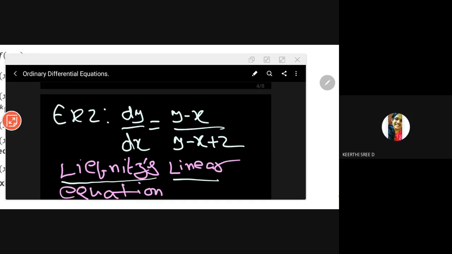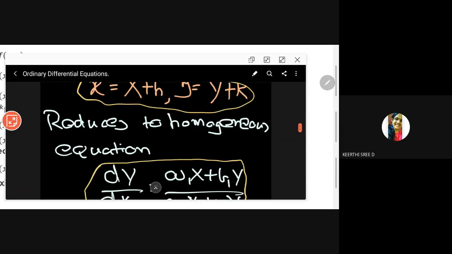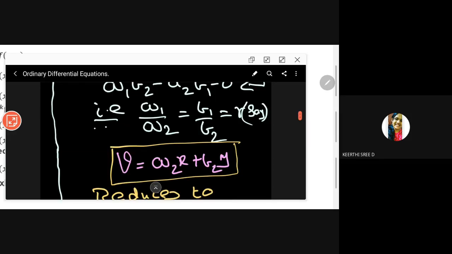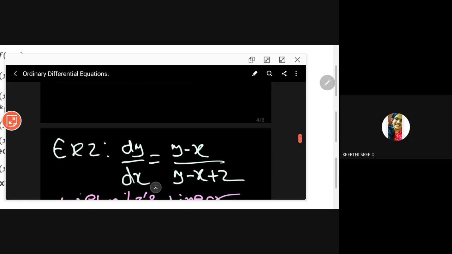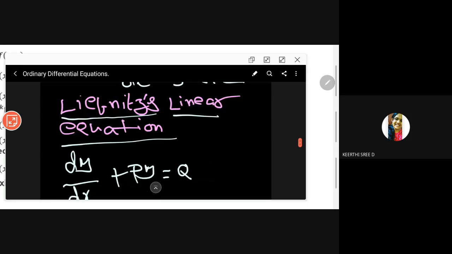So in such a case, you have to take y minus x as some variable entity, that I already told here. See, v is equal to a2x plus b2y. So then it reduces to a separable equation. Those are the two examples we have given here.